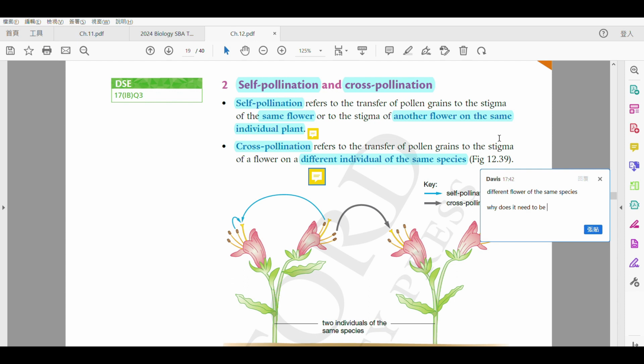Okay, so why does it need to be the same species? Because 原因啦, reason, because otherwise, do you think the flower can fertilize? Of course not.